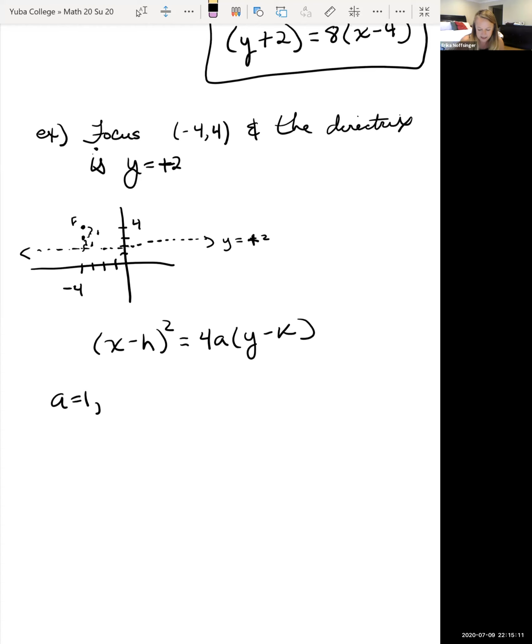And our vertex, well, that was the halfway point. Our x value going up or down is not changing, so my vertex x value h is -4. And by looking at the graph, we can tell that our y value is at 3.